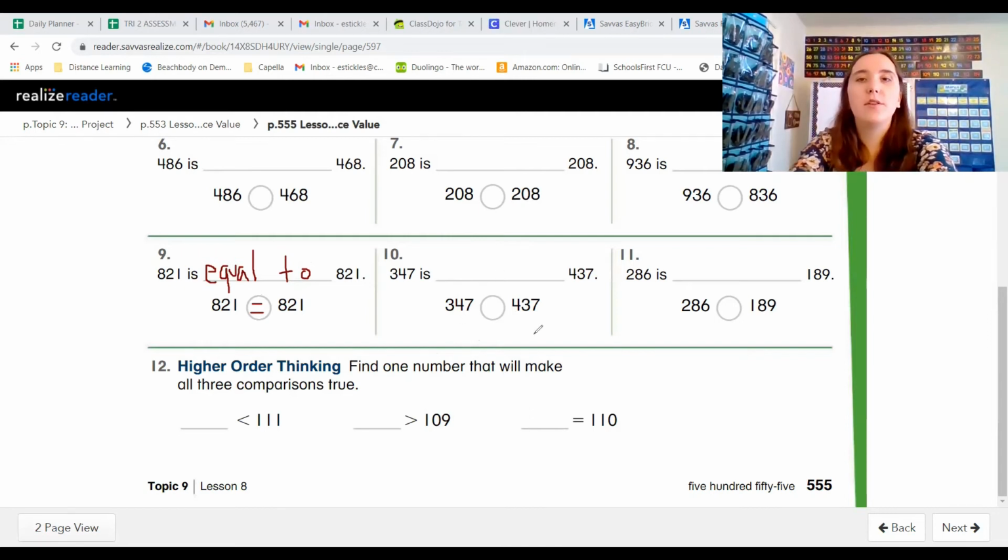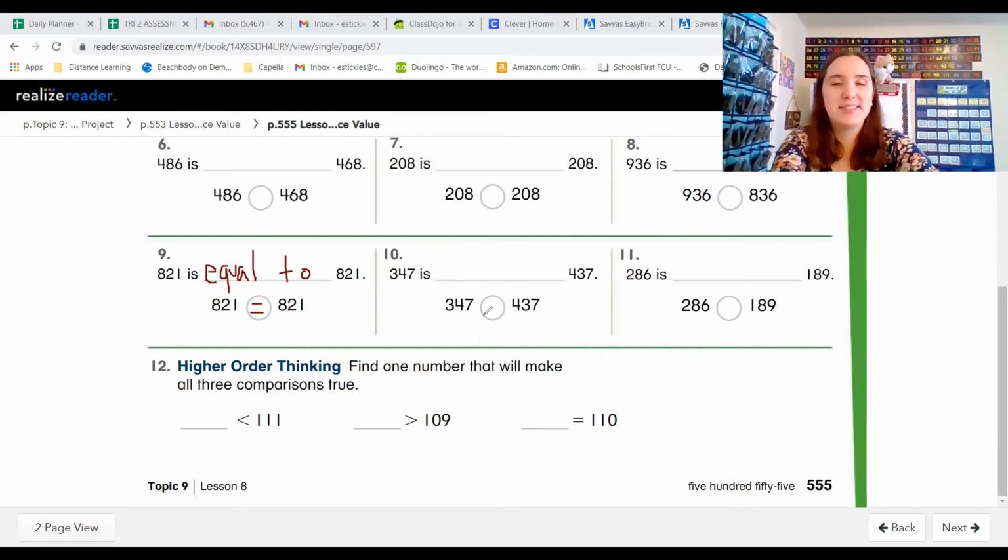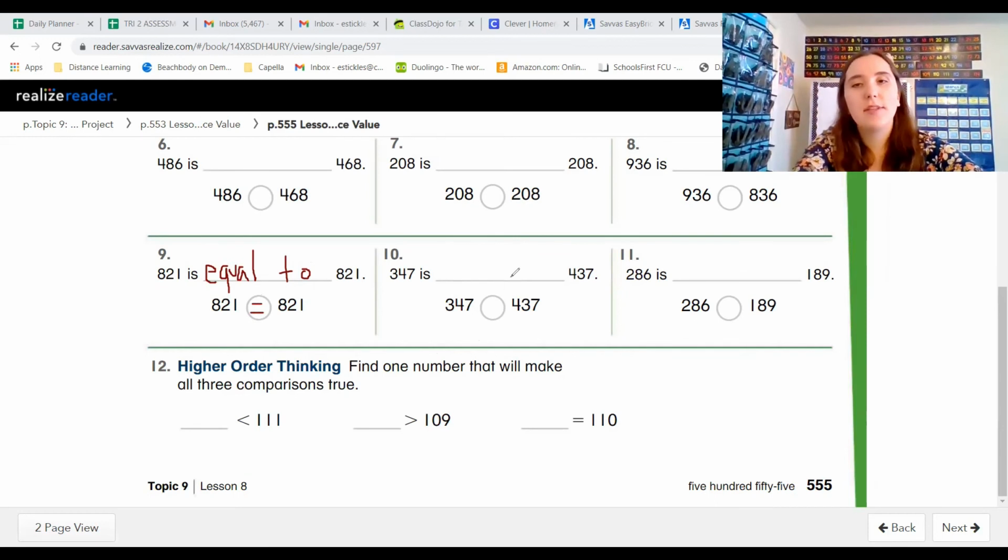347 and 437. Same digits, just in different places. So we have a 3 in the hundreds and a 4 in the hundreds. Okay, well, which one's bigger, 3 or 4? 4 is. So that means 437 is the bigger number. So we have to write this out. 347 is it greater than or less than 437?